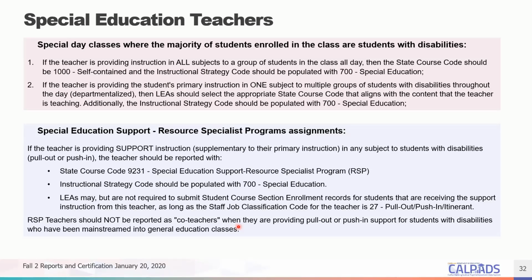There would be a misassignment if that co-teacher is an RSP. So you have to separate that from the mainstream class. Of course, if you do that, you have to report a 27 and you're not obliged to report those students in that class. Okay. So let's now have some scenarios here of how to report staff.